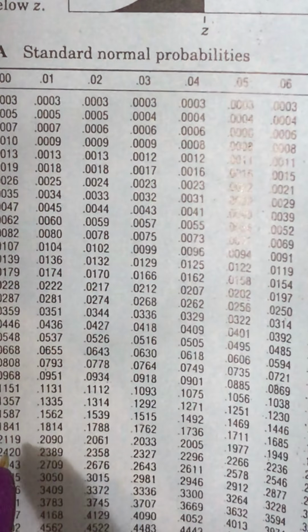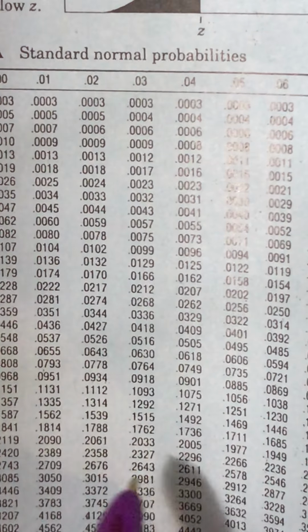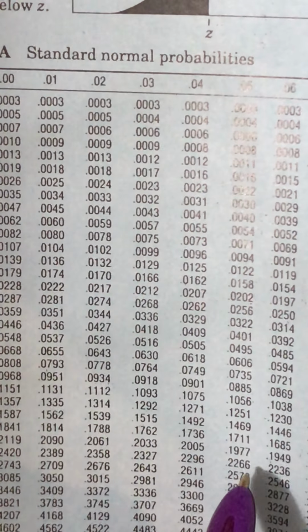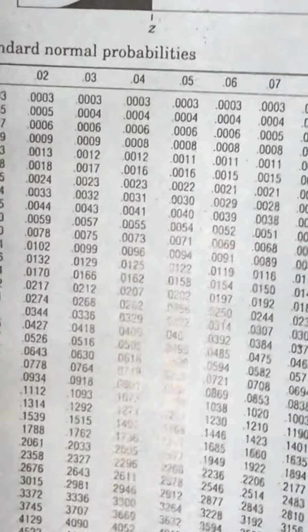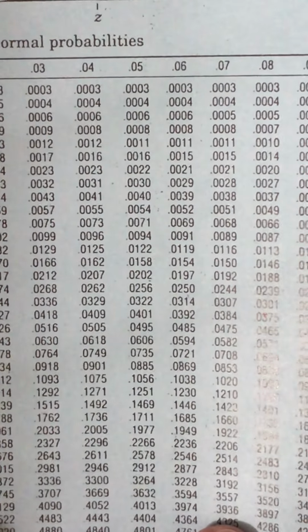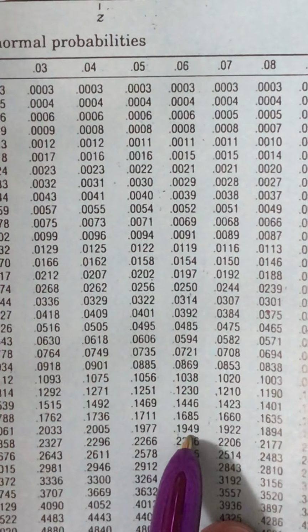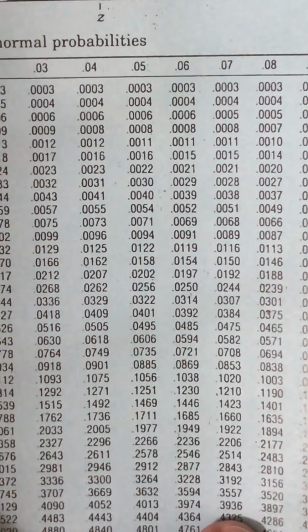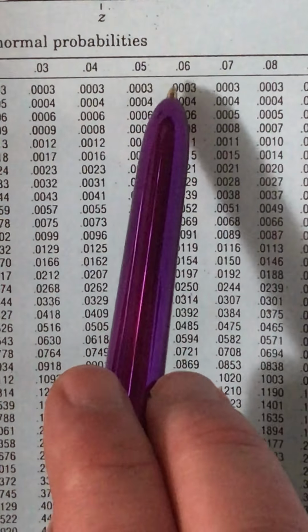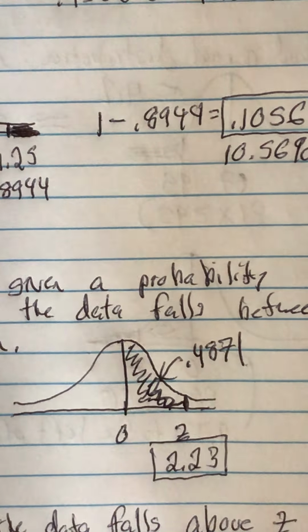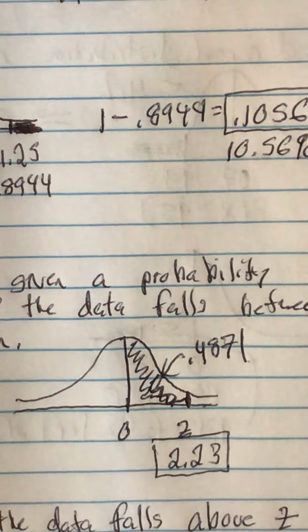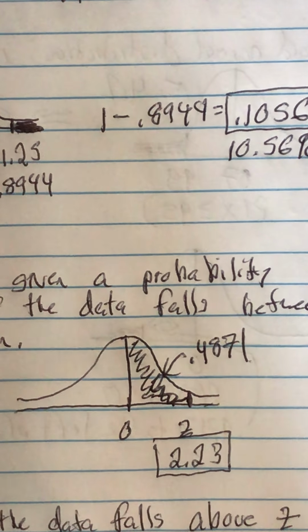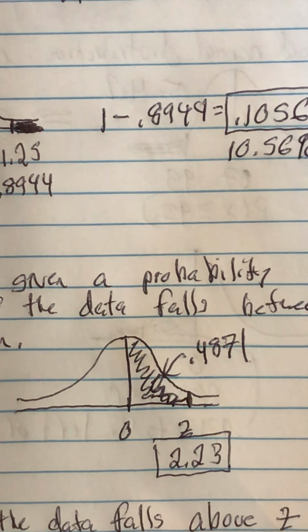Here's some point ones. 0.1949. Here it is, 0.1949. Okay, that's negative 0.86. So my z-score equals negative 0.86. In other words, 80.51% of my data is going to be to the right of a z-score of negative 0.86.